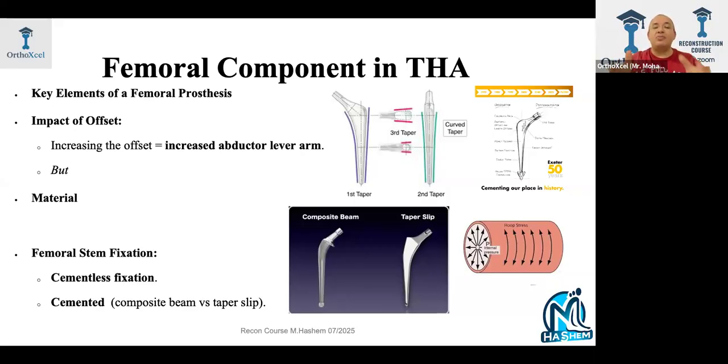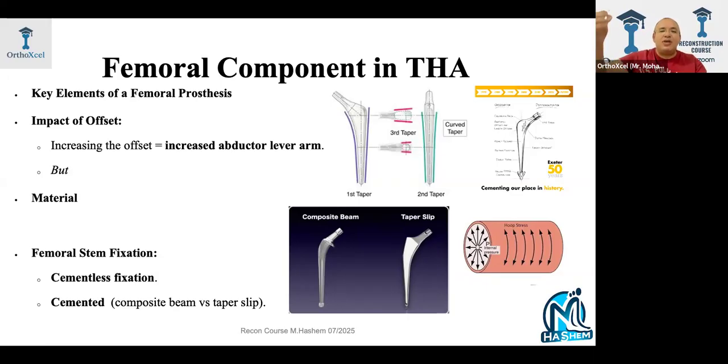This is the idea of the composite beam: I will make a stem which is smooth, slim, non-tapered, goes inside the cement from the start, making the stem, cement, and bone one piece, one composite.